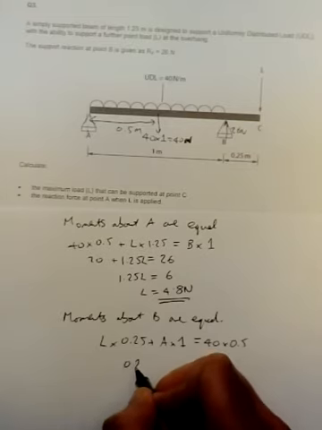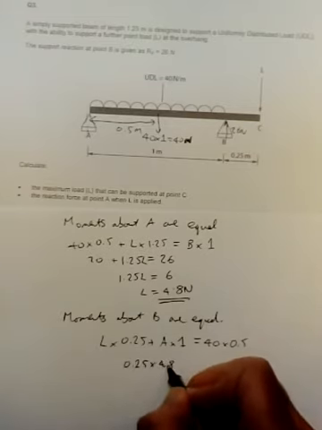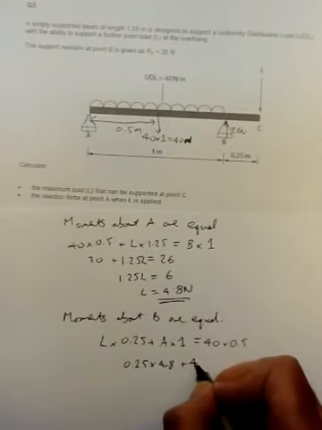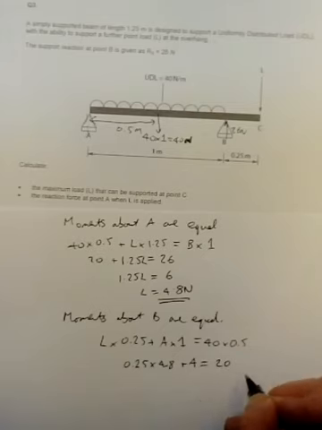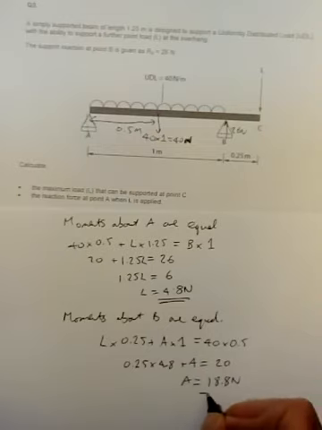Working this out, I've got 0.25 times 4.8, remember that I worked out L in the first part of the question, plus A equals 20. Working that out, I'm going to have A equals 80.8 newtons.